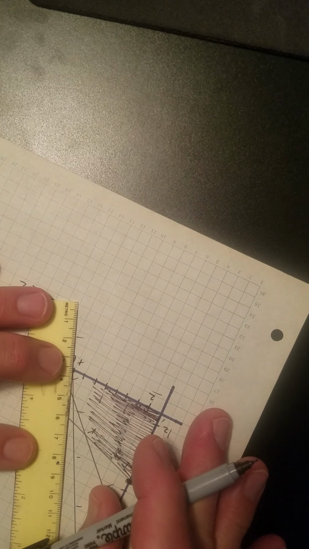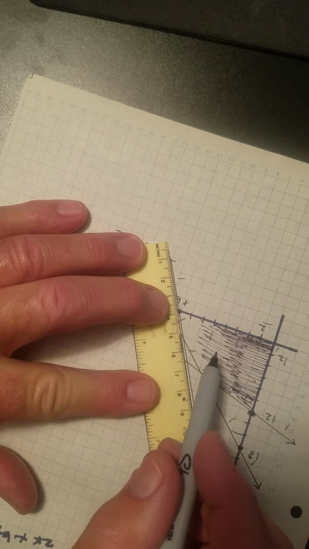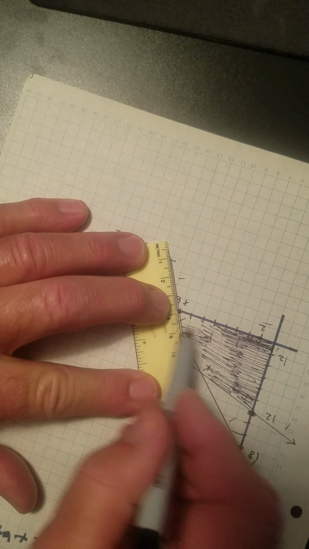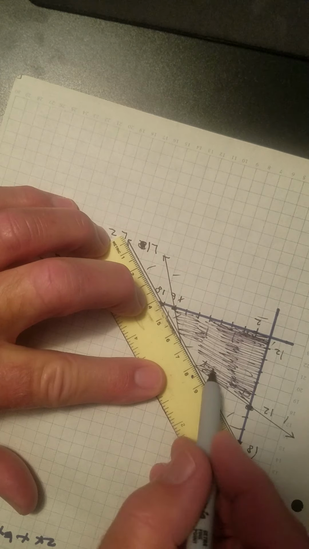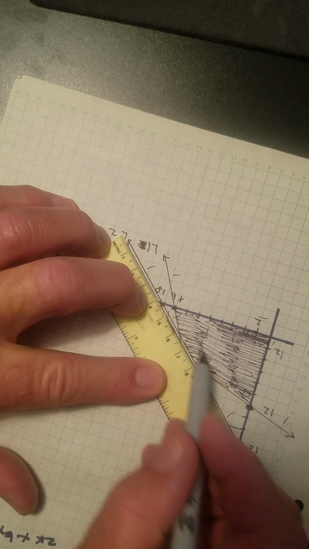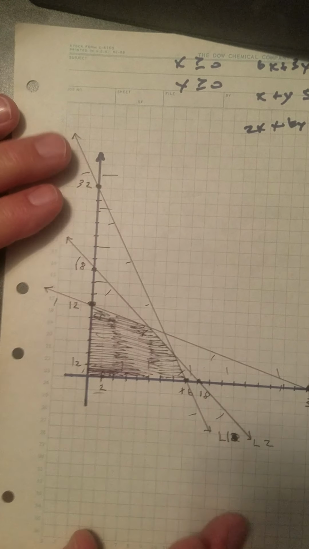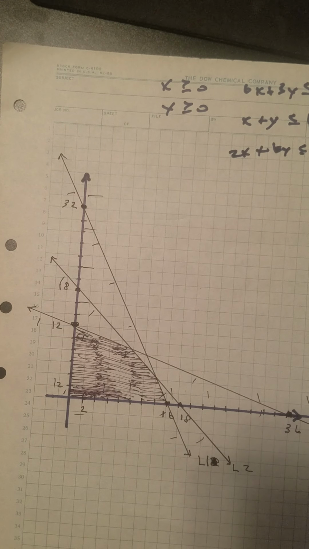Flip it around. Now you can see your polygonal region or your feasibility region.